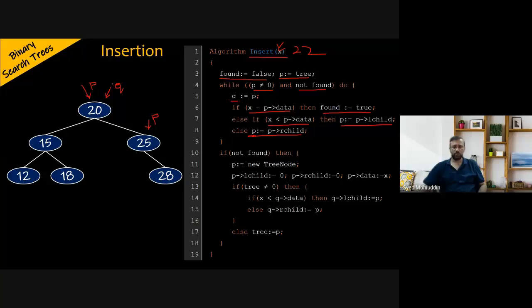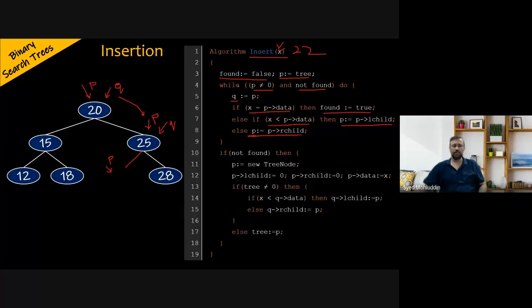So q will now be pointing to this node, that is 25. Then we check is equal to, no. Less than, yes. So p will move to the left child, and p will be pointing to the left child of node 25.